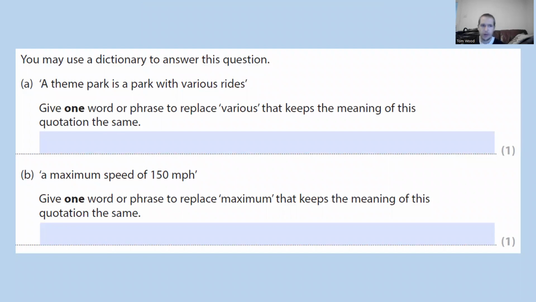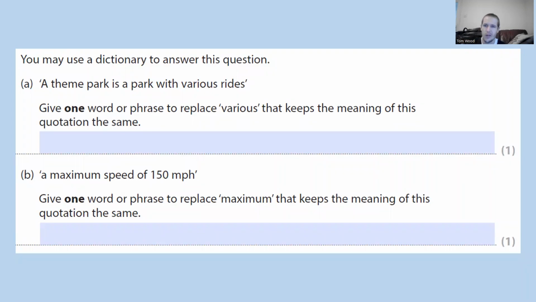Okay, so there's just another one or two of these to have a bit of a look at then. So here we've got another example. I believe these two here were from a level 1 paper. So, "A theme park is a park with various rides." Can we give one word or phrase to replace the word "various" so that it keeps the meaning of the quotation the same?